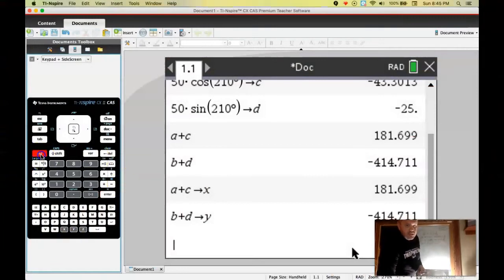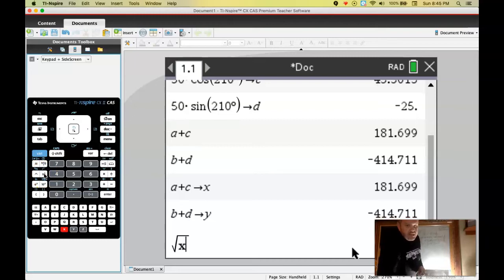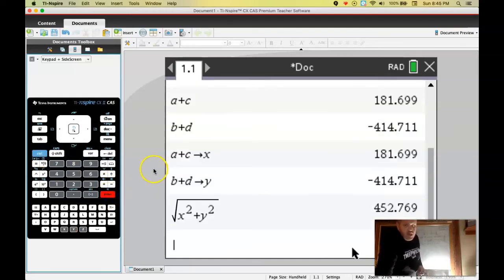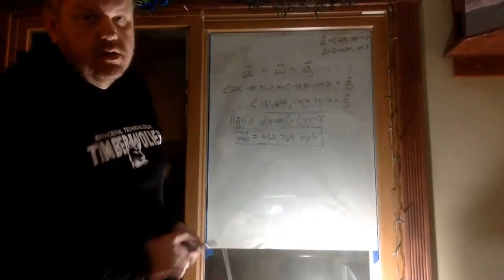I take the square root of x squared plus y squared, and that gives me a magnitude, or a speed, of 452.769 miles per hour. And that is my true speed.